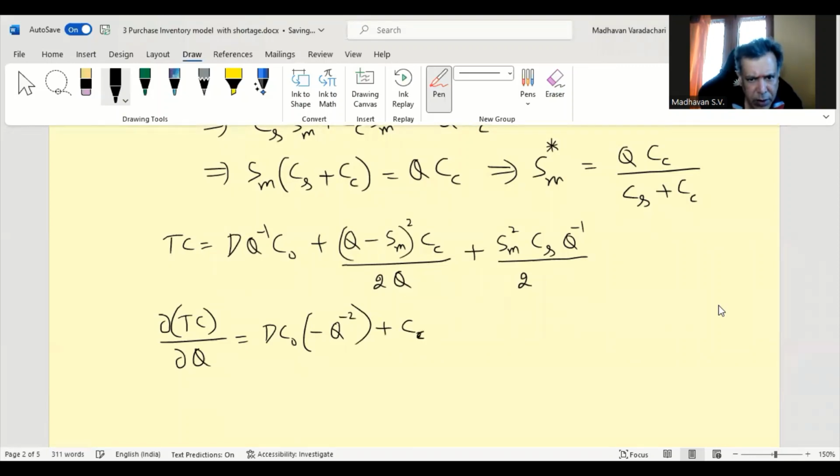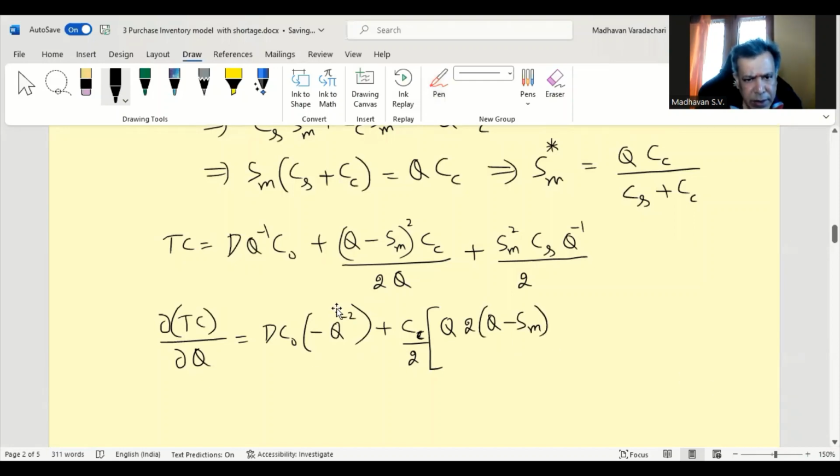I will keep it as constant. Consider the rest of the term, that is Q minus Sm square divided by Q, as u by v. So if I differentiate, it is u, that is Q. Differentiating Q minus Sm the whole square, you get 2 times Q minus Sm.